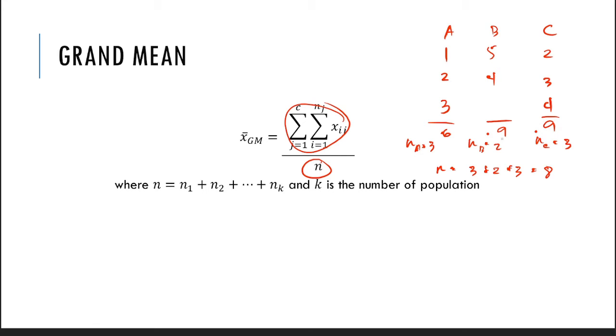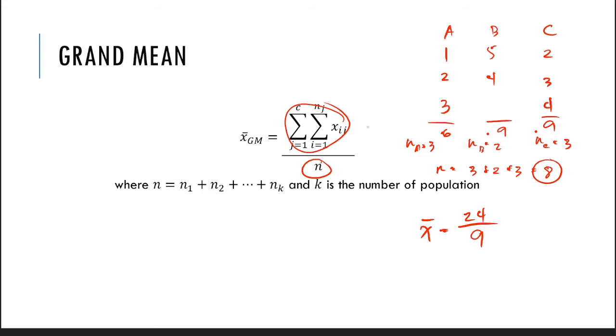So, you'll have 6 plus 9 plus 9, that will be 24. So, for our grand mean, that will be equal to 24 divided by this n, which is 9. So, yun na yung magiging grand mean natin. Right? So, nagmukha lang siyang nakakatakot gawa ng mga summations natin.